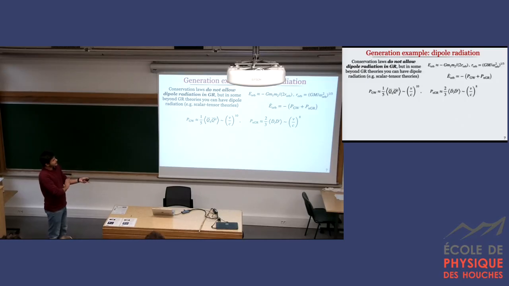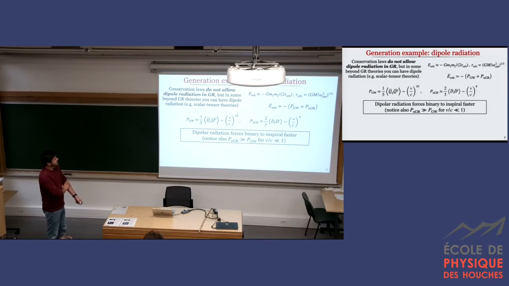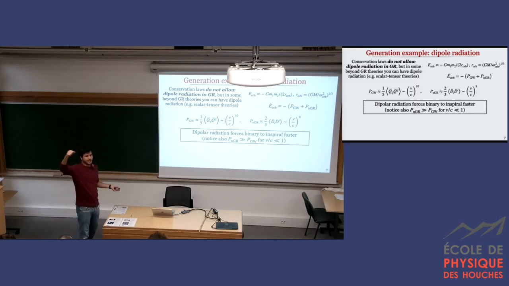And so if you use these equations, something that you notice immediately is that because you're adding an extra channel for dissipation here, your dipolar radiation will force the binary to spiral faster in general. Also important is that in a very early spiral, when the velocities are very small, this term will dominate over this term.